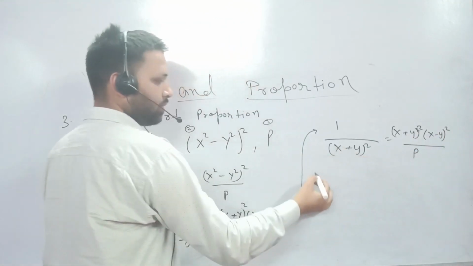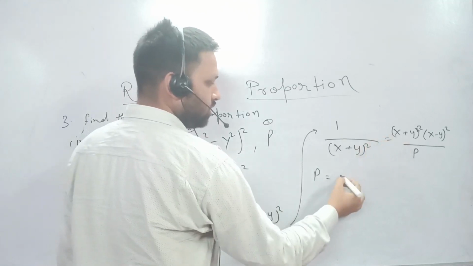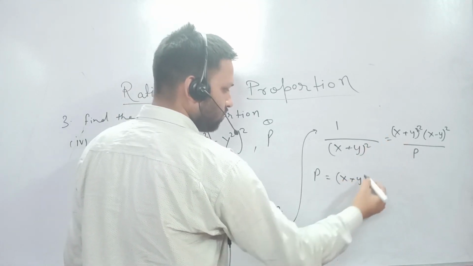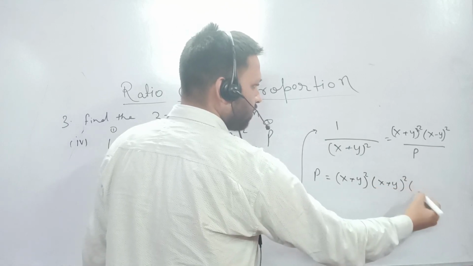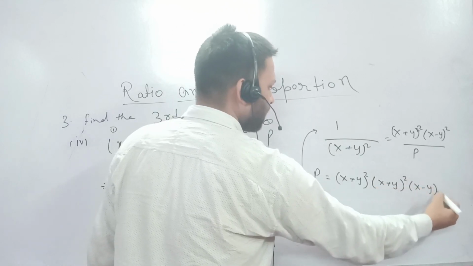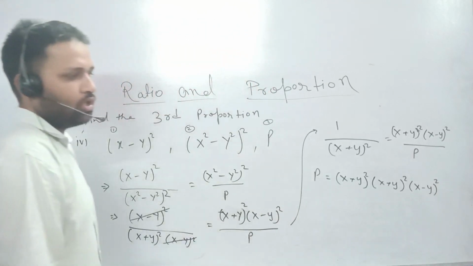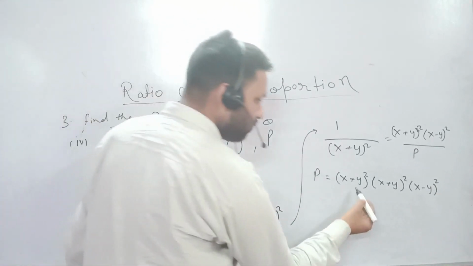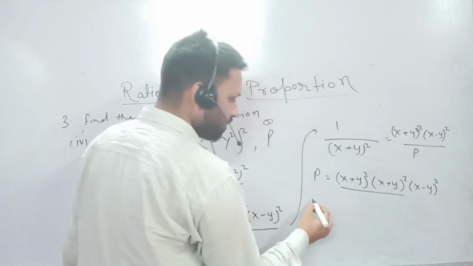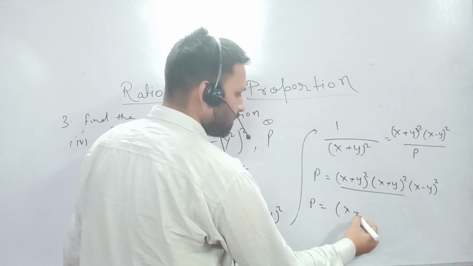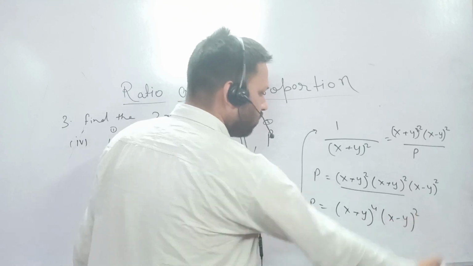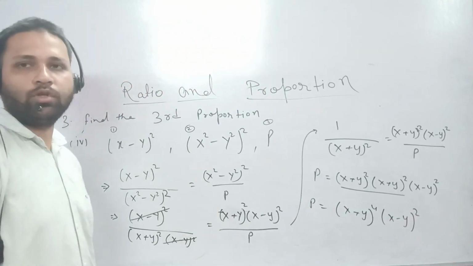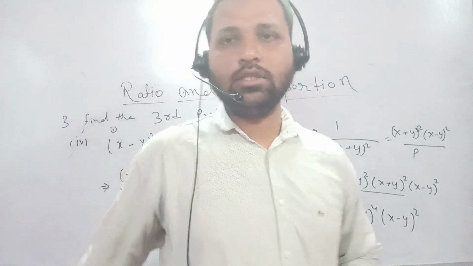Now you cross multiply p into (x plus y) whole to the power 2, minus (x minus y) whole to the power 2. Then you write this number (x plus y) whole to the power 4 and (x minus y) whole to the power 2. That is the fourth proportion.